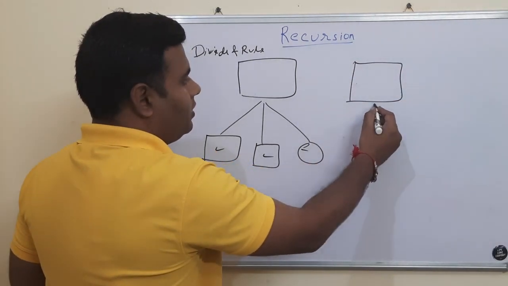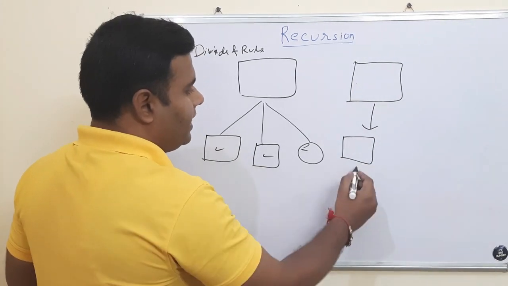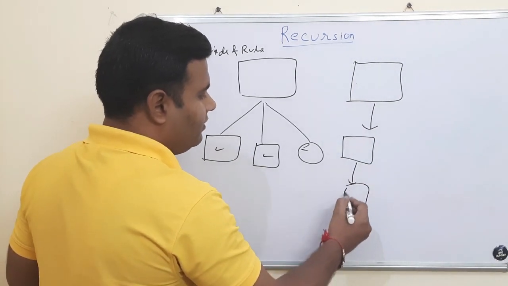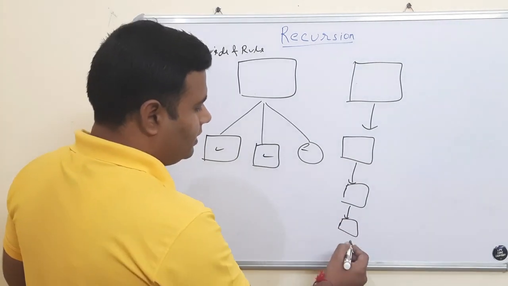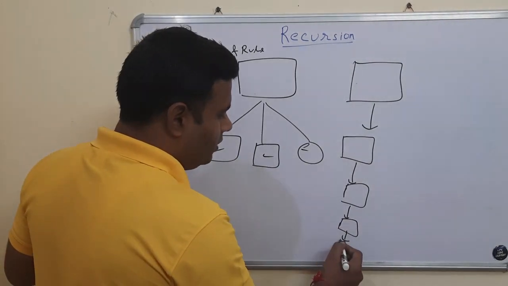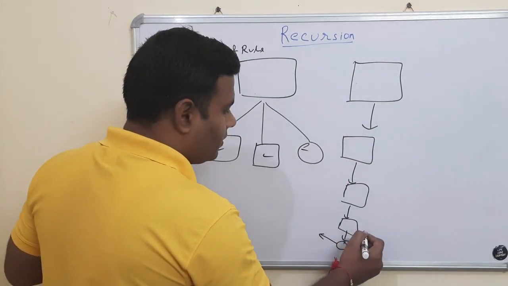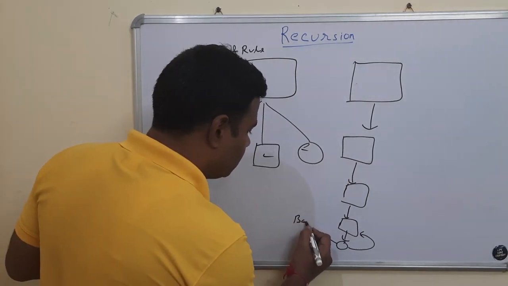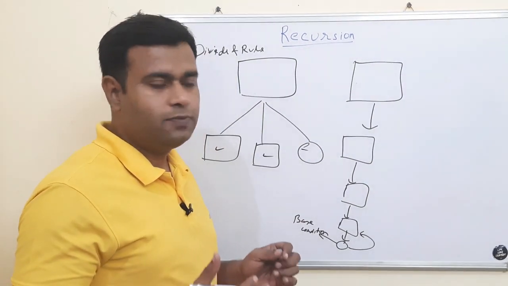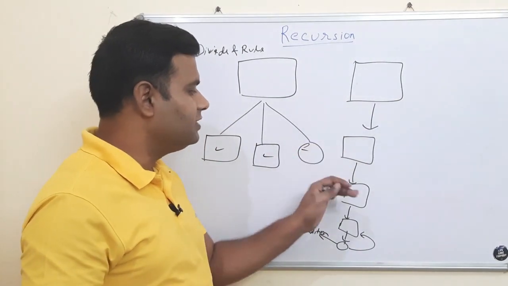We have a problem and then we will divide it into the smaller problem and then further smaller, and we will keep going till the problem becomes very small. And here we will try to return based on some base condition. Many students face problems in identifying what should be the base condition and how to divide these problems.